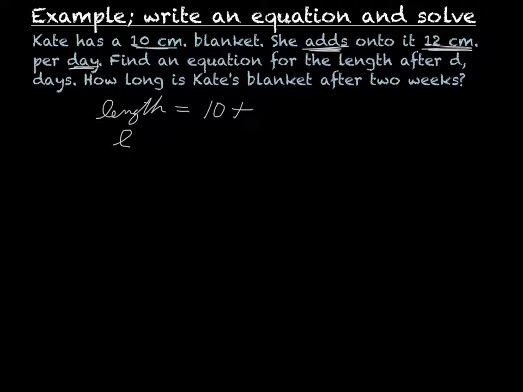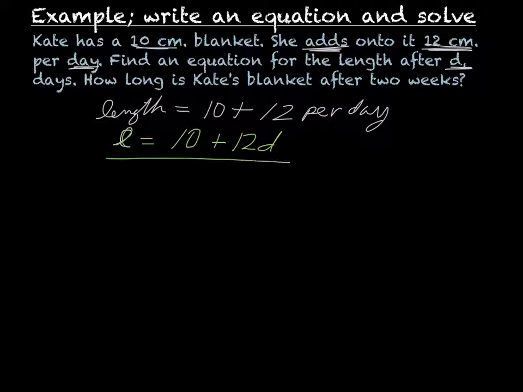And we're going to call the number of days D. So those are the important things we need to go. So 12 centimeters per day. Okay, so the length L is going to equal 10 centimeters plus 12 every day.